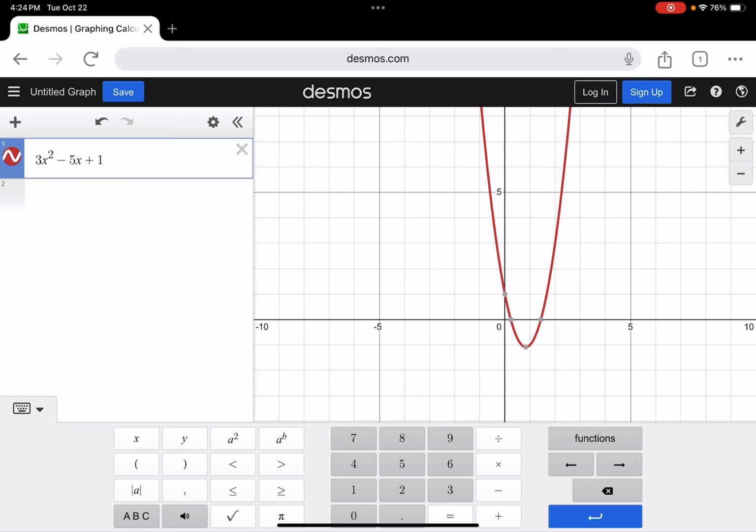Voila. Easy as that. You can go ahead and screenshot that for your function.